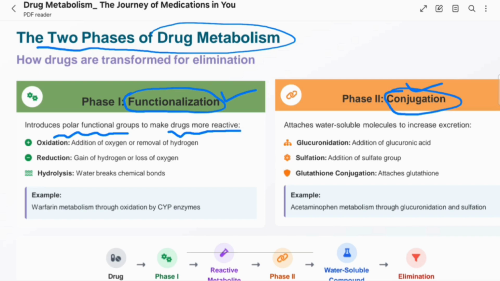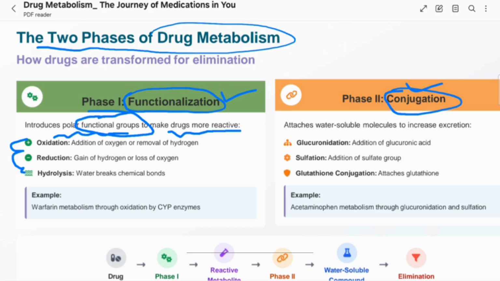What do polar functional groups mean? Polar functional groups are groups having unequal distribution of charges. There are three types of reactions which take place in phase 1.